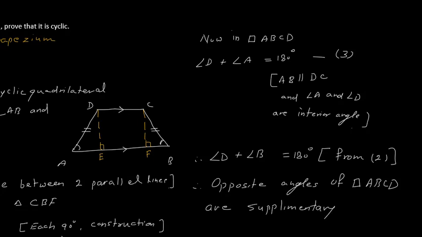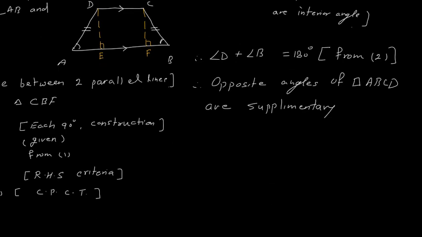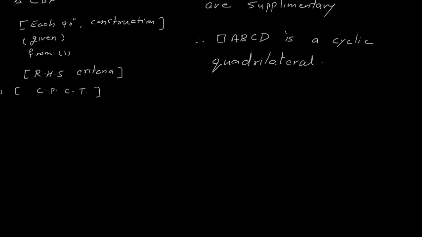Therefore quadrilateral ABCD is a cyclic quadrilateral. So ABCD is a cyclic quadrilateral as its opposite angles are supplementary. Right. Now few more questions to go.